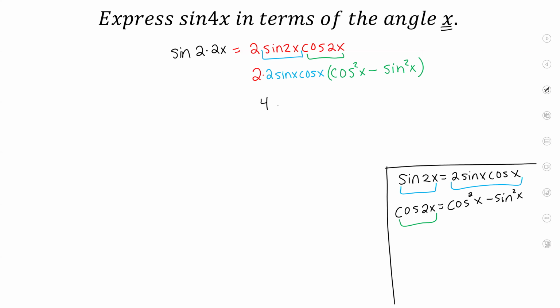So I get 4 sine x cosine x times cosine squared x minus sine squared x. All right, guys. So now I expressed my answer in terms of x. Notice these all just have a single x as the angle. No longer 2x, no longer 4x.